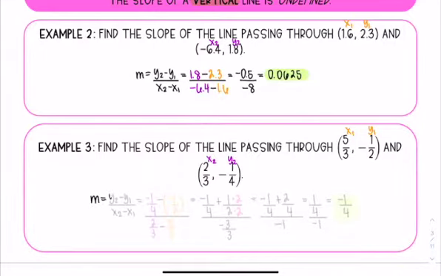So we get m equals y2, which is negative 1/4, minus y1, which is negative 1/2, and this is all over x2, which is 2/3, minus x1, which is 5/3.